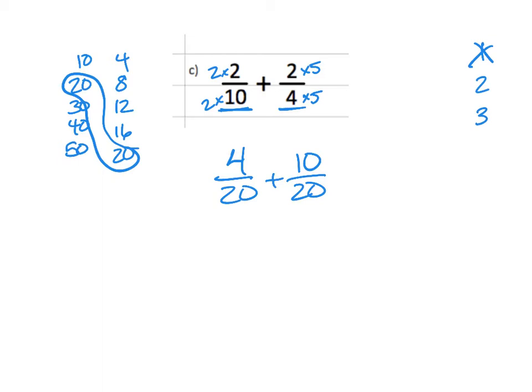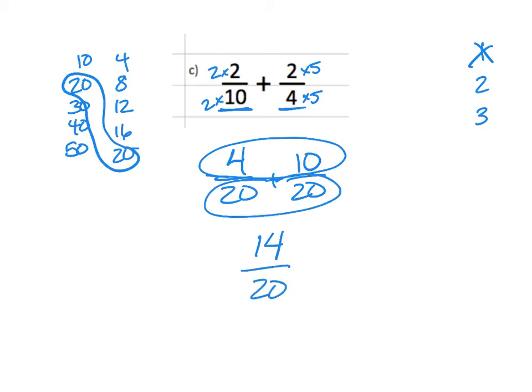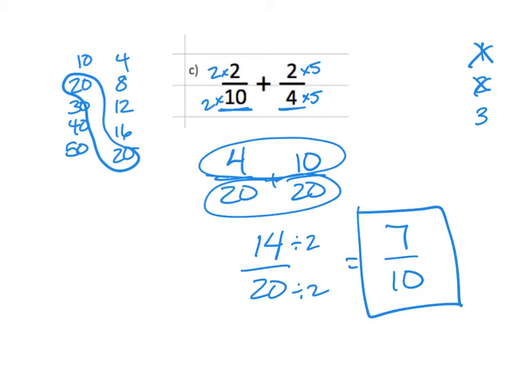I found a common denominator, and then equivalent fractions. So step 2, add my numerators. 4 plus 10 is 14. Denominators stay the same, so I have 20. Step 3, I can simplify. I'm going to divide both of these by 2, which is going to give me 7/10, which is now in simplest form.